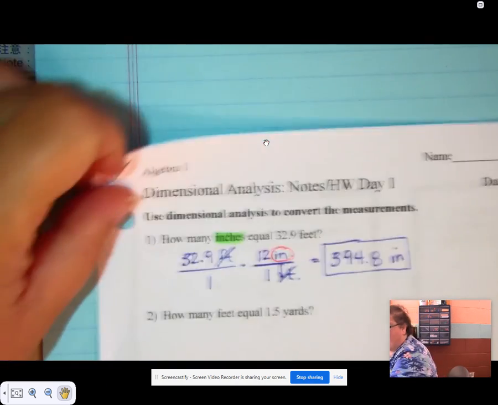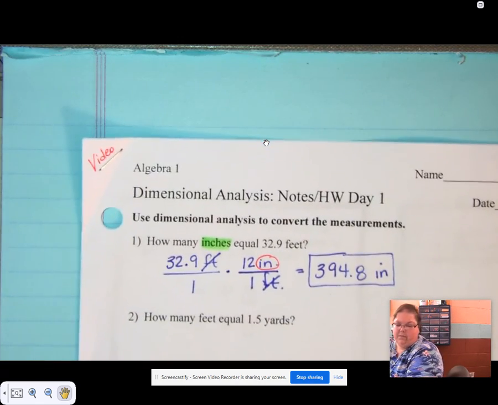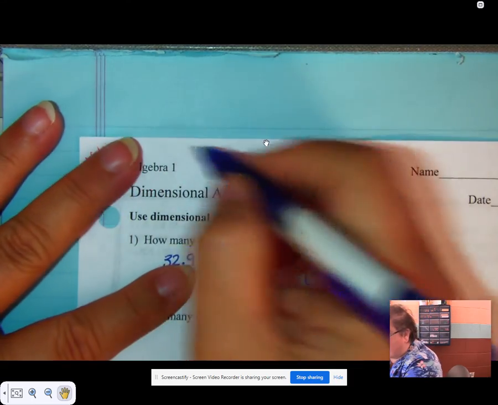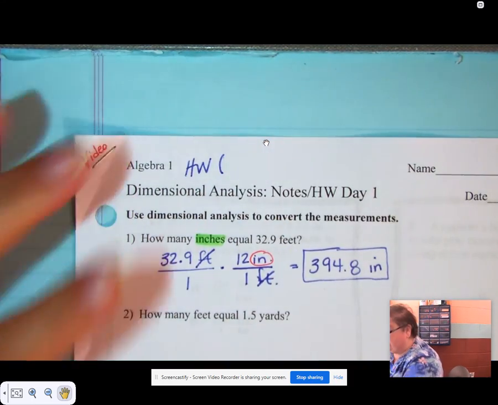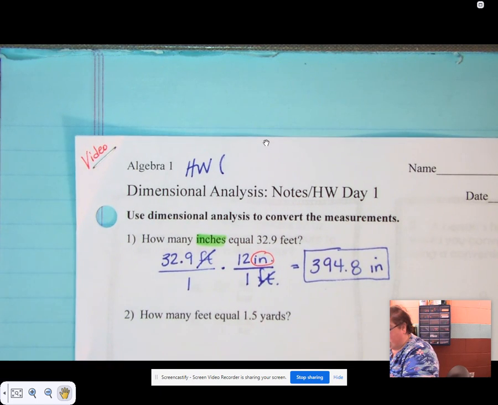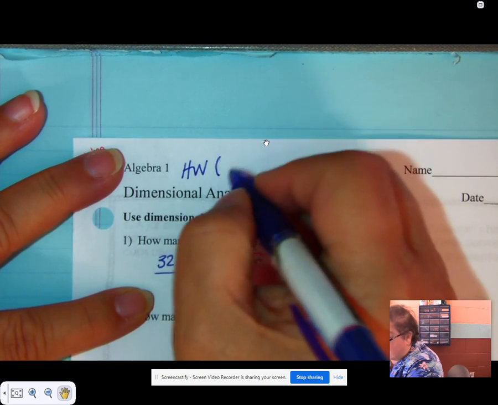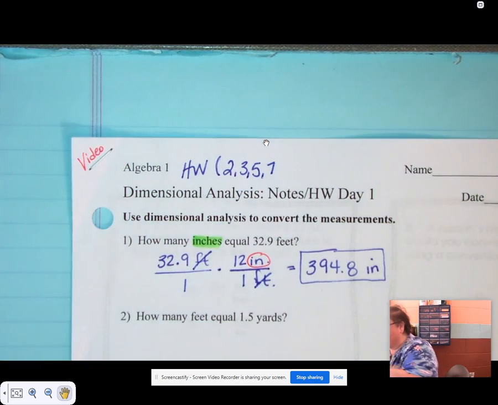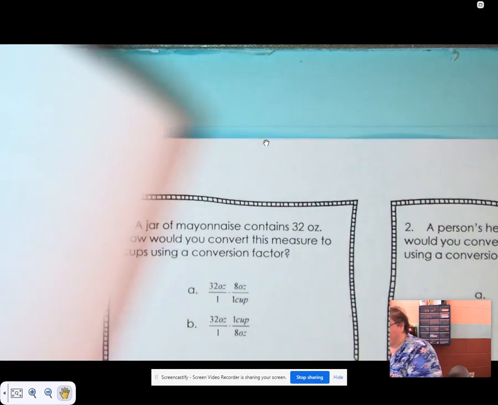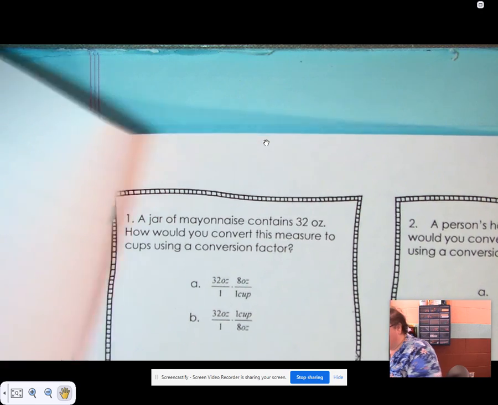Okay. So I'm going to write your homework at the top. This is the expectation. Here's your homework. Your homework is 2, 3, 5, 7. Okay, let's turn it over because I want you to finish this: 1, 2, 4, 5.